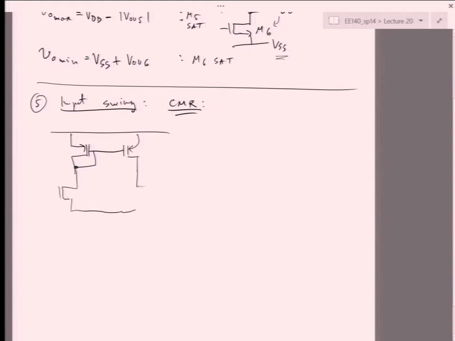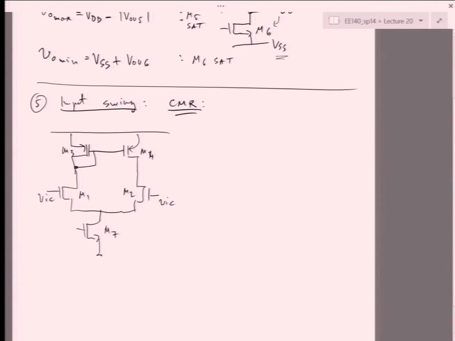For input, we had something like this. And this is M7.